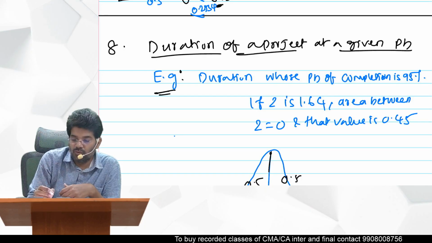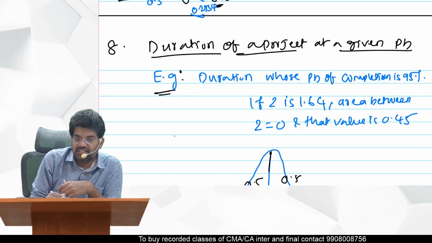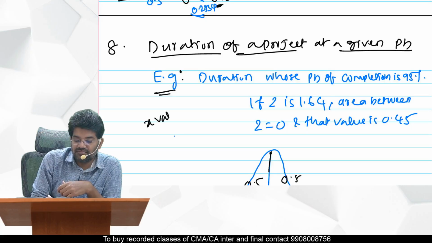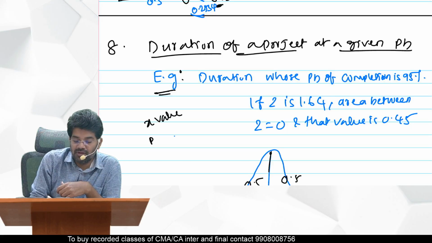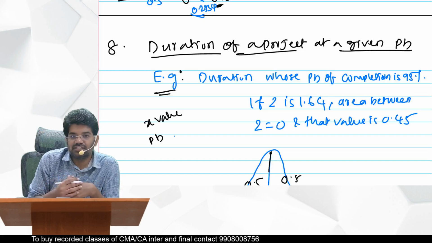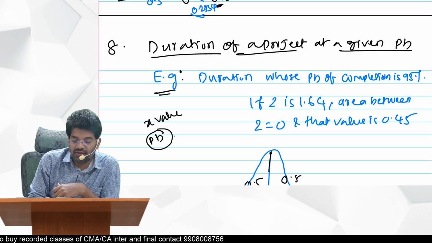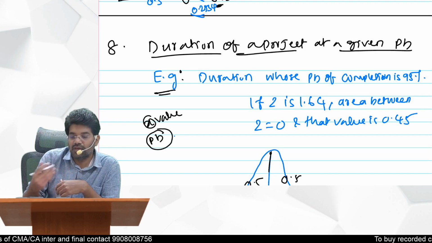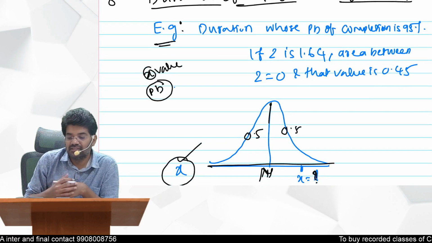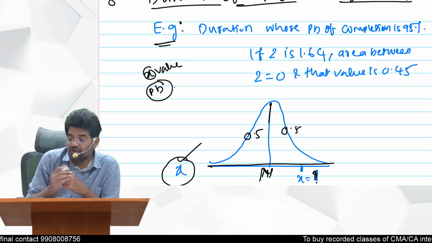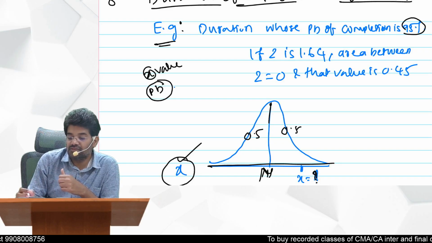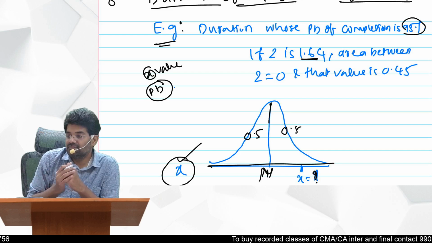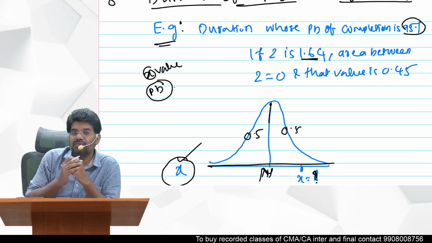Generally they will give you the x value and we have to find out the probability, no? But in the reverse question, they will give you the probability, and we have to find out the X value. For that, first, for the given probability, find the z value by referring to the table.